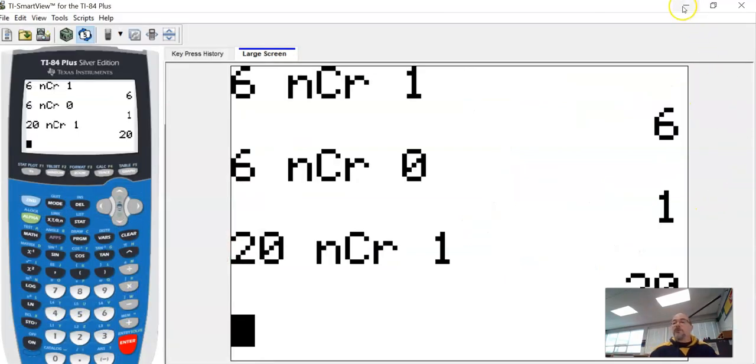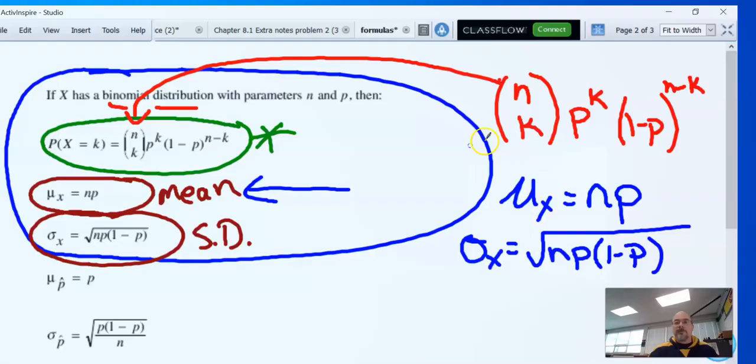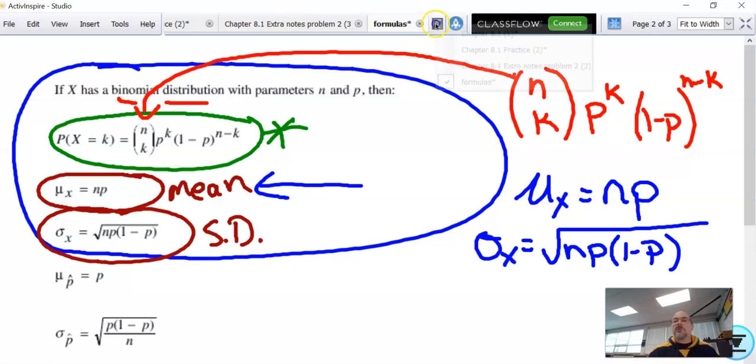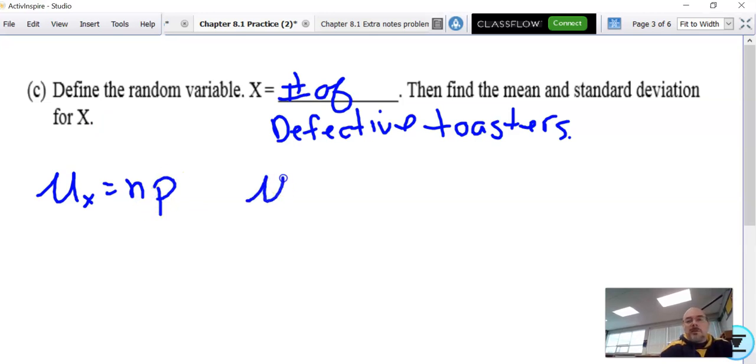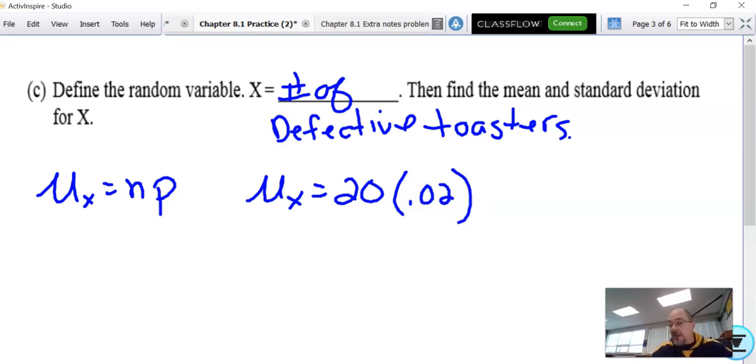Whoops, I didn't mean to close that again. Got to go back to the other sheet. All right, so this is all we have to do, ladies and gentlemen. To find the mean, all we need to do is take n times p. Well, it's 20 toasters times 0.02 for success of a defective toaster, and that's 0.4.